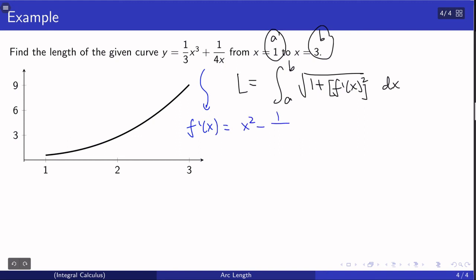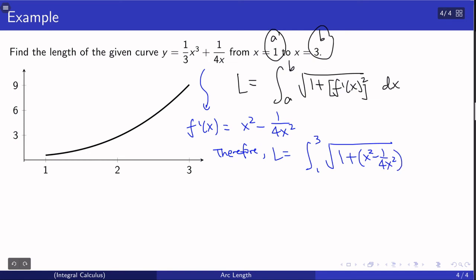Again, it's x squared minus 1 over 4x squared. Therefore, by our formula, the arc length is just the integral from 1 to 3 of the square root of 1 plus the derivative squared. And now you just have to evaluate this integral to get the arc length. And I'm going to let you do that yourselves. So please try doing it in your notes.